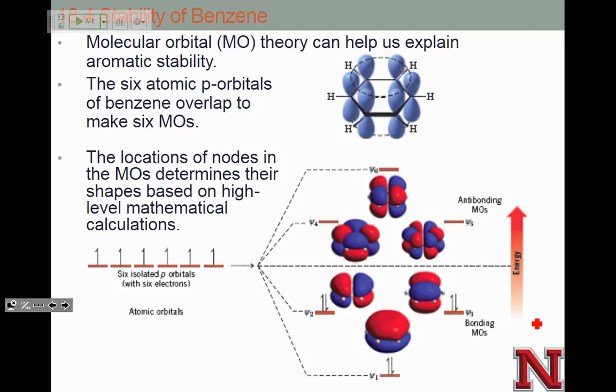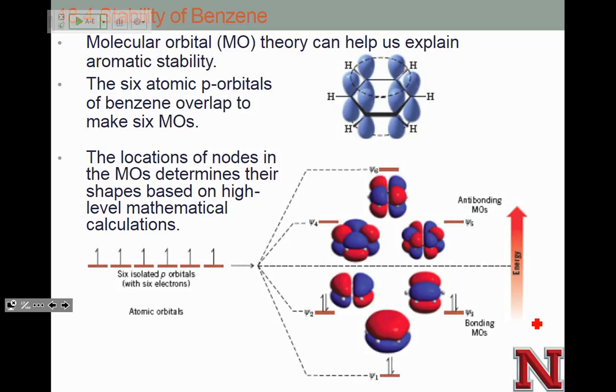But the difference comes in the middle ones. We still have a total of 6, but there's 2 different ways that we can have one node, and 2 different ways we can have 2 nodes. And based on that, that's why we have these degenerate orbitals. And these degenerate orbitals are going to be what explains the extra stability.